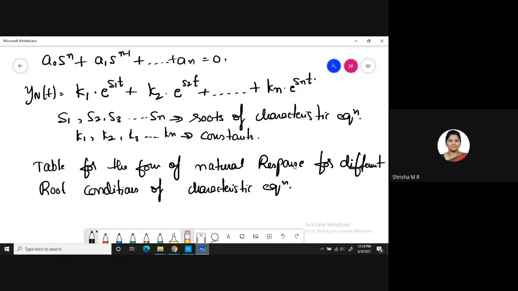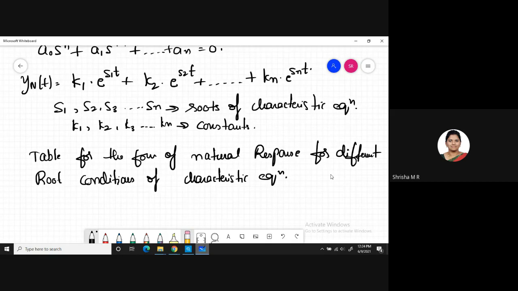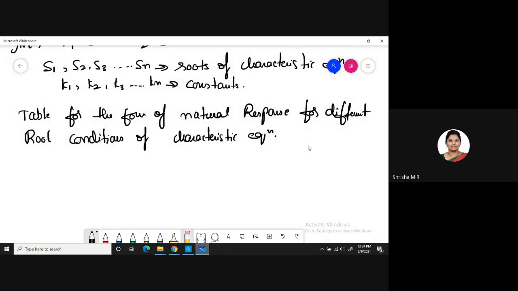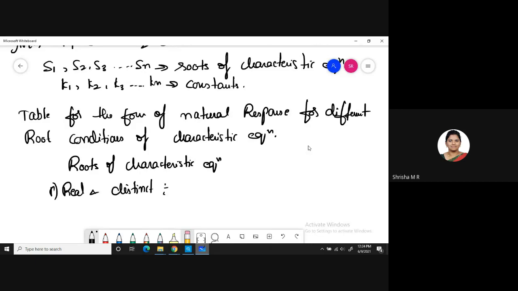So you have roots of the characteristic equation on one side of the table and the form of natural response on the other. If the roots of the characteristic equation are real and distinct, that is of the form r, then the form of natural response will be k into e to the power rt.